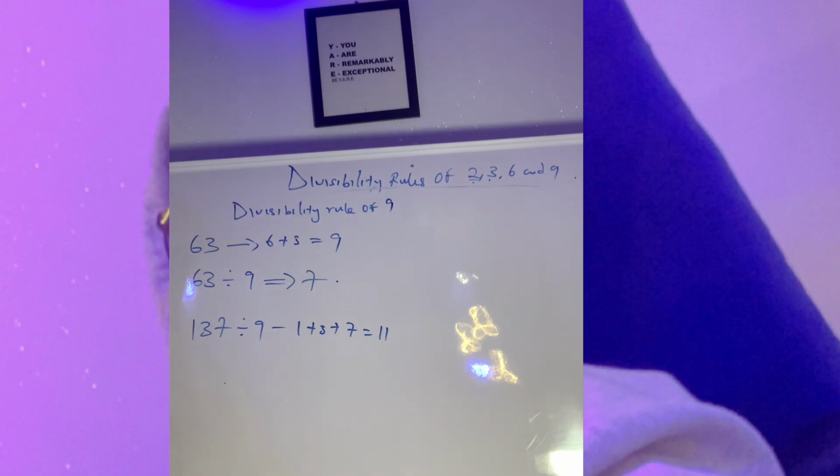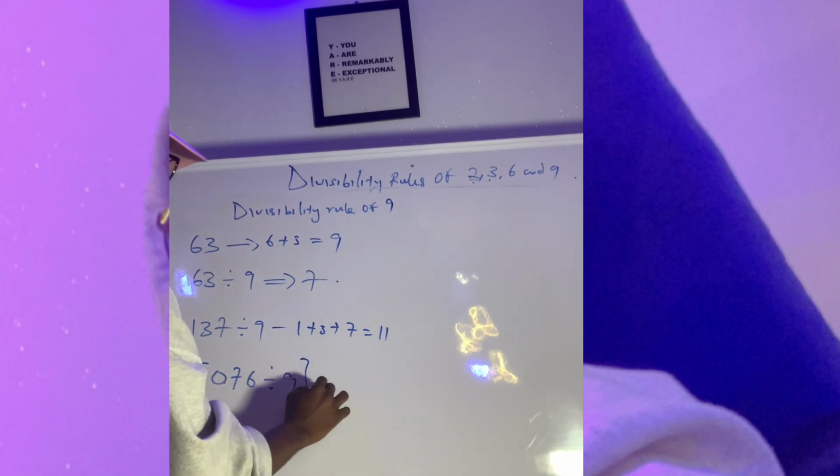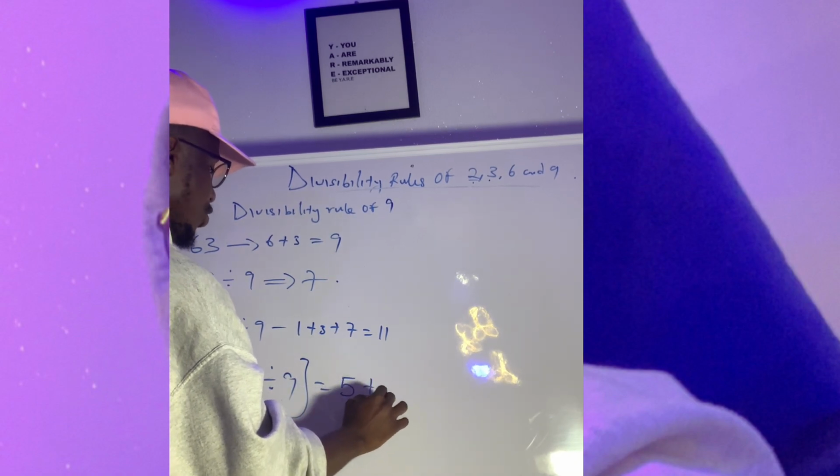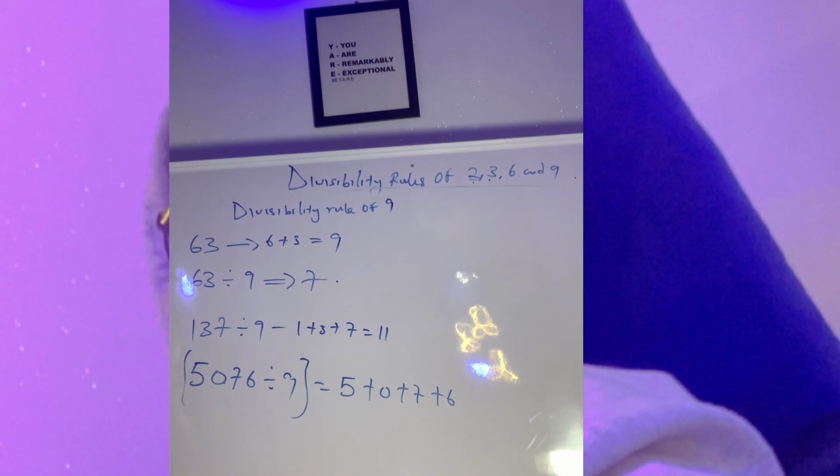So lastly, 5076 divided by 9. Let's see if it's possible to give us a whole number. We'll sum the digits to be sure: 5 plus 0 plus 7 plus 6. 5 plus 7, that's 12, right? 12 plus 6, that's 18.